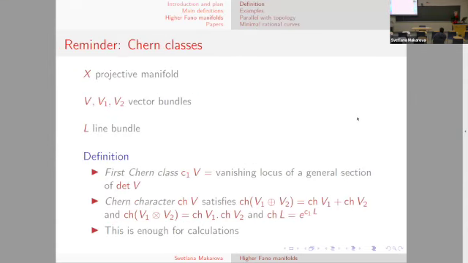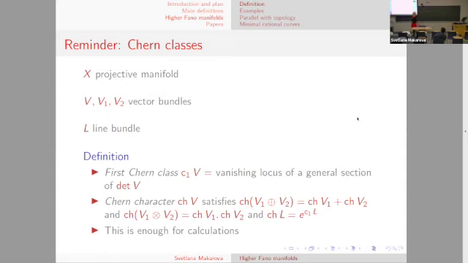Okay. Then I would like to move on to defining higher Fano manifolds, which are manifolds with an even stronger positivity condition than Fano manifolds. For this, I will need to remind you what Chern classes are.